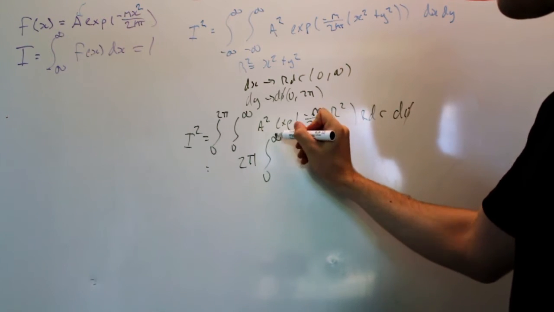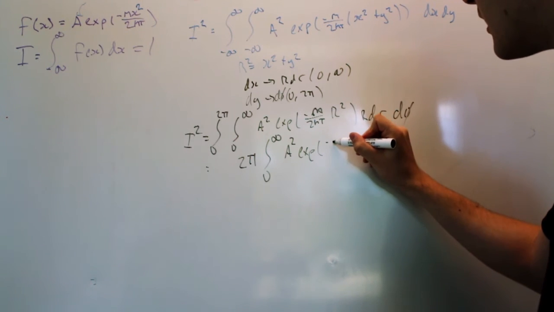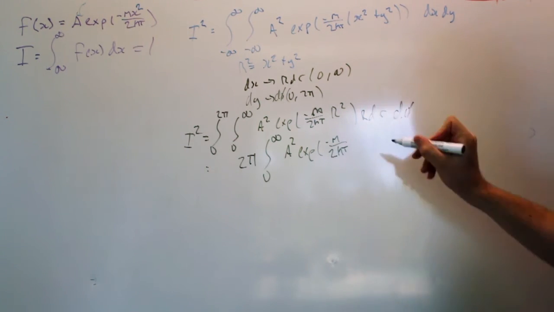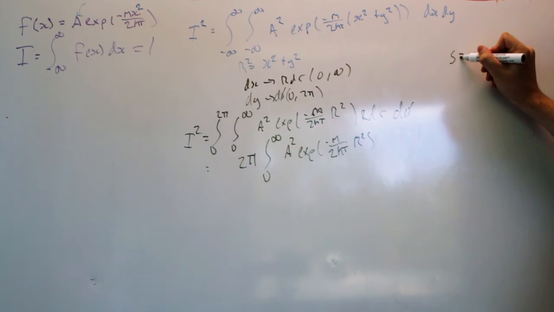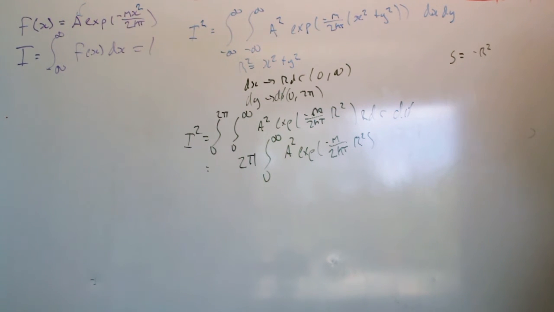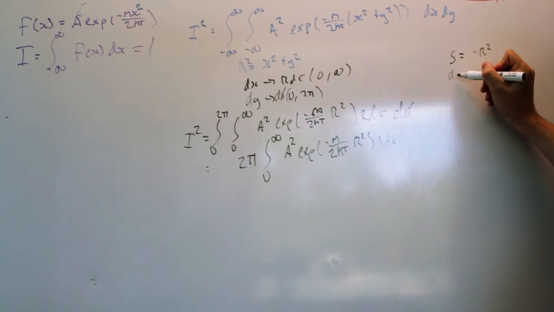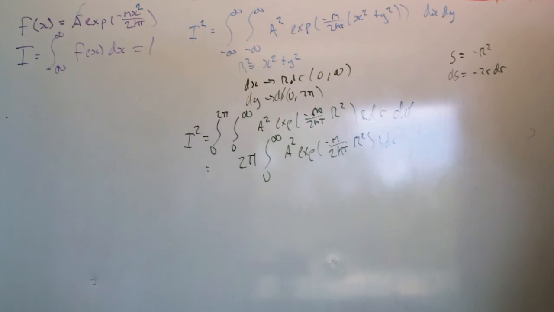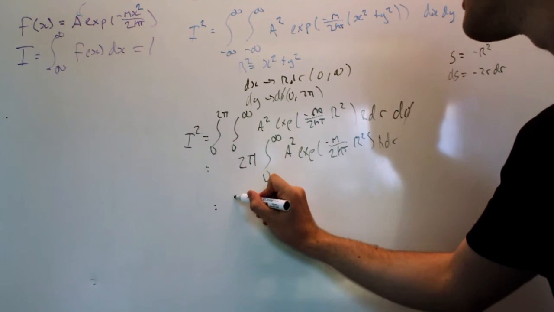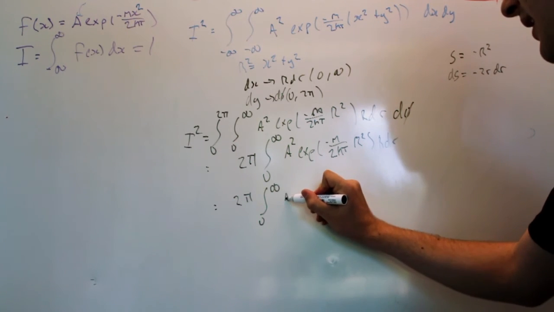The exponential integral is still a bit more tricky, so we're going to apply one more little substitution to make it slightly easier. And that is simply setting s equal to negative r squared, and so our ds should now become negative 2r dr. And so putting that down here, we get 2 pi times the integral from 0 to infinity of a squared.